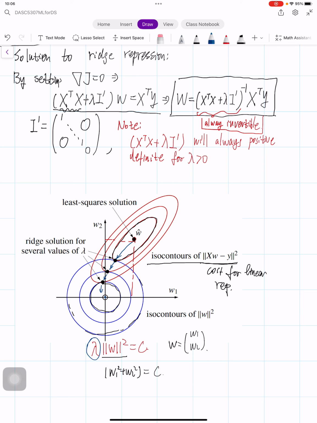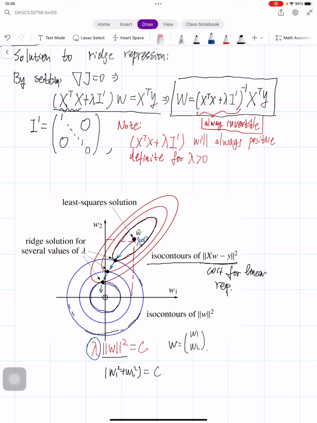When lambda equals 0, there is no penalization, no regularization, so the solution will be the same as the original least squares regression.